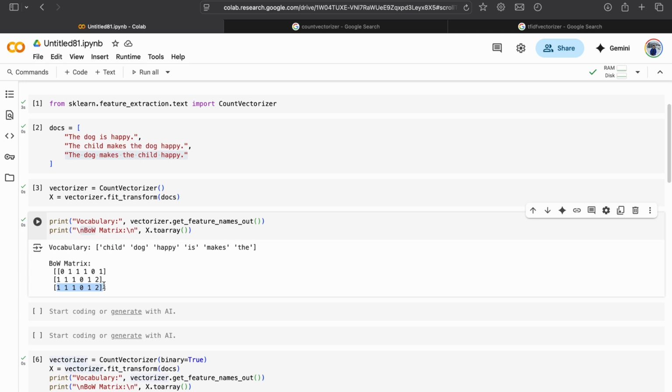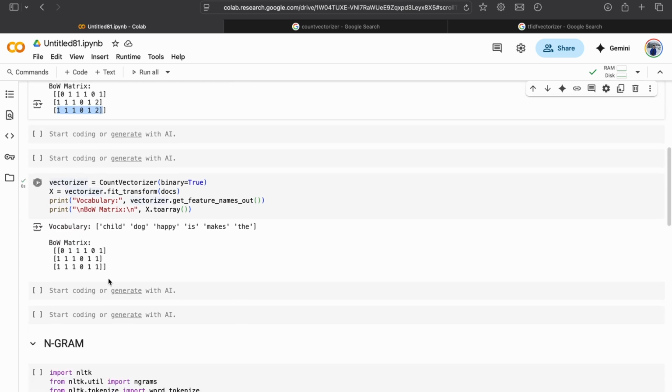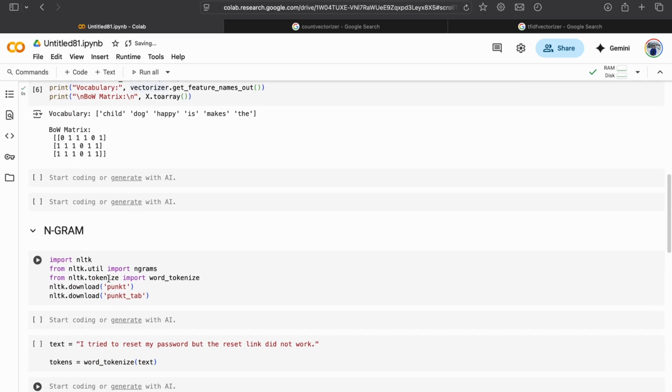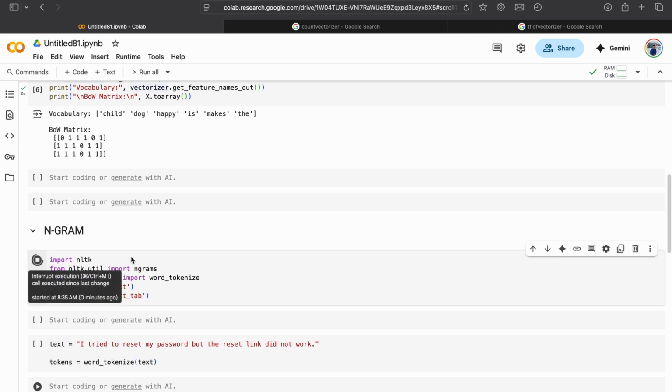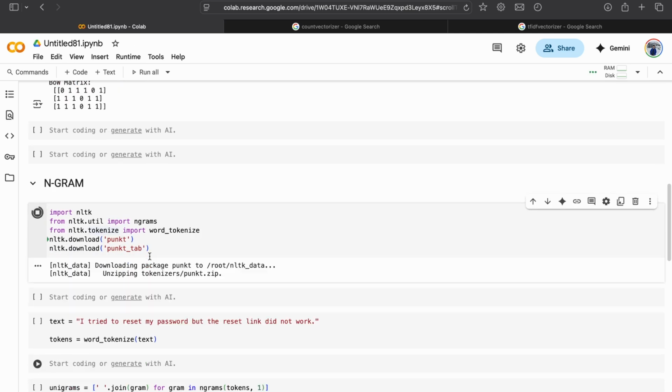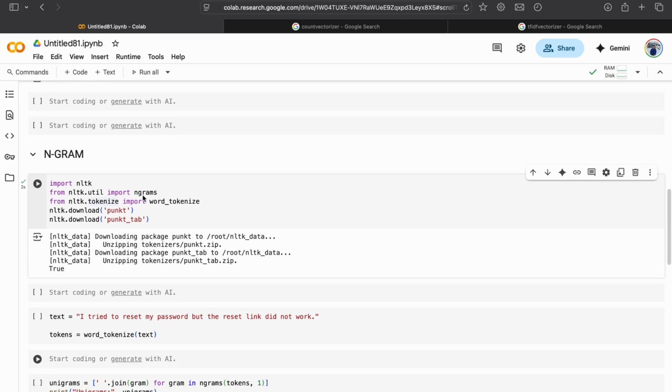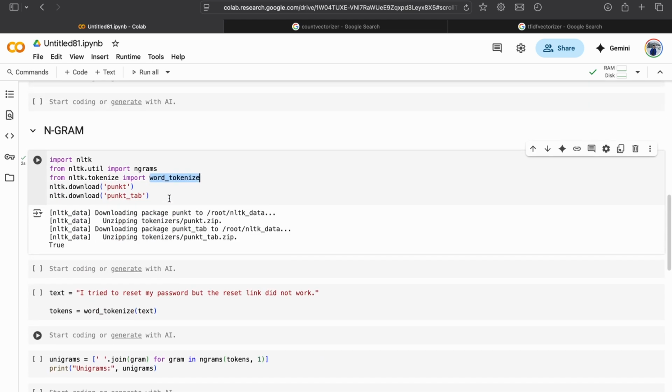That means we are losing some information while converting the text to numerical form. And to reduce this loss of information while converting, we have n-grams. So basically, let's look into this example to make it clear. Let's download this word tokenize to show.